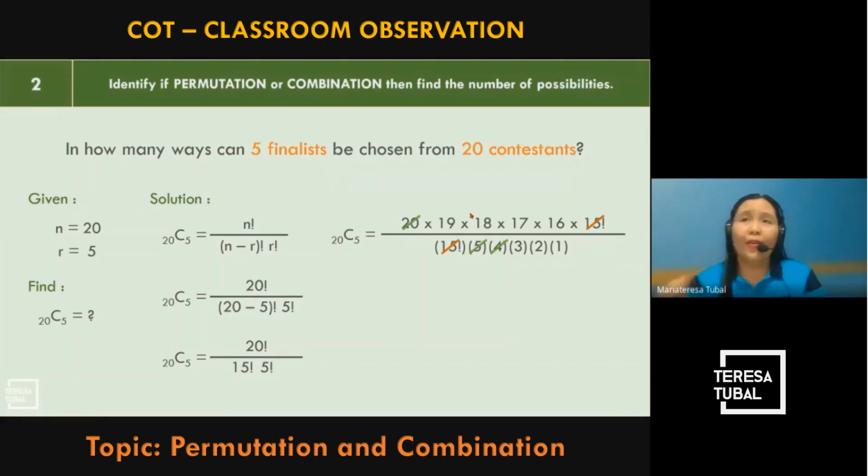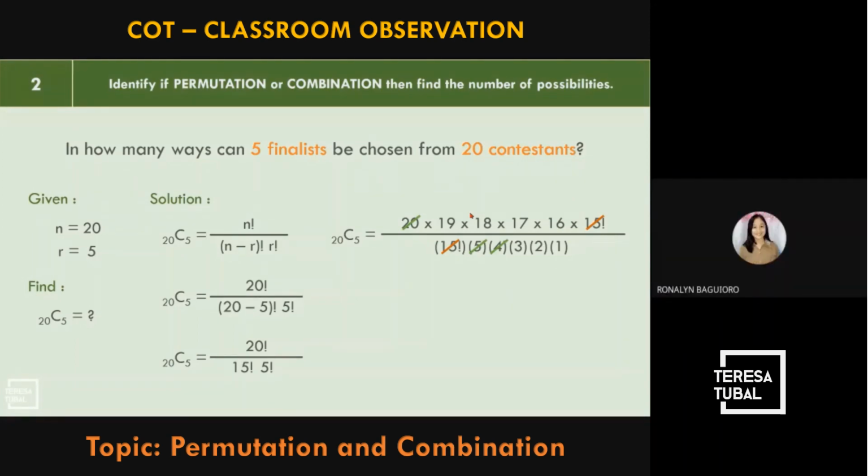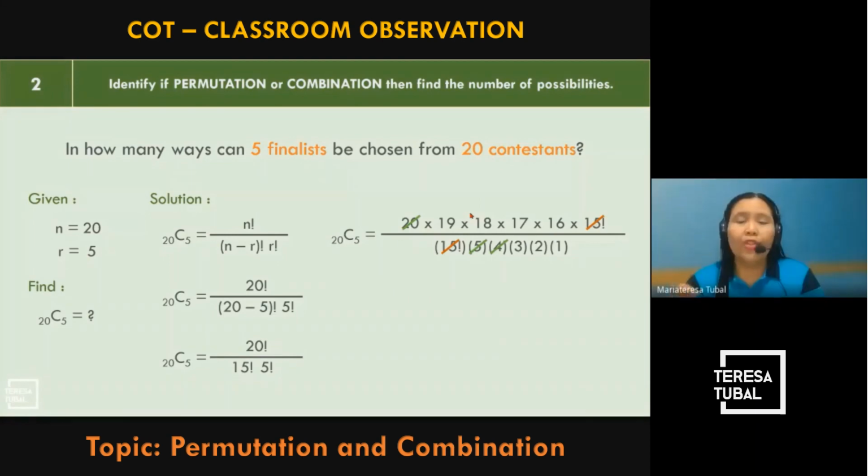Ano pa? Meron pa ba? Yung 2 tsaka 3, ma'am. So pwede yung 2 tsaka 3. As you can see, yung 2 pwede sa 16. Yung 2 pwede rin sa 18. So maraming pwede to get the lowest term. So if we divide, that is 18 divided by 3 is 6. And then 16 divided by 2, that is equal to 8. So let us see kung 15,504 pa rin, despite na kinuha natin yung lowest term.